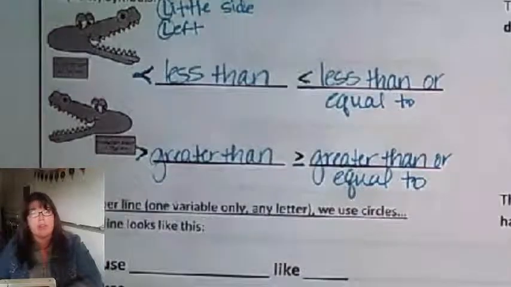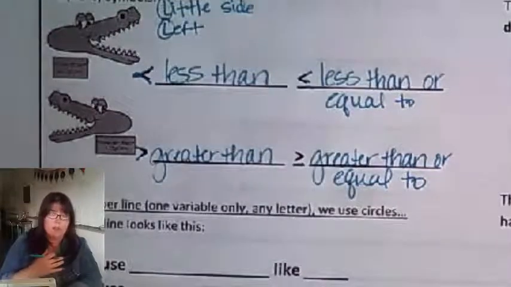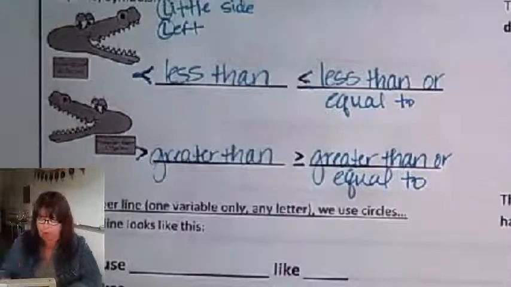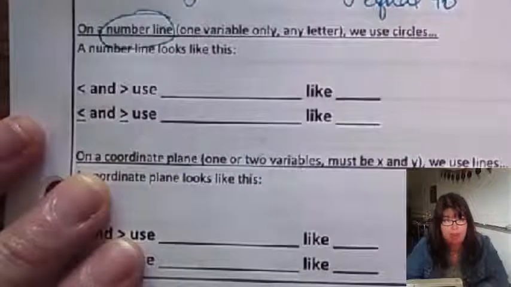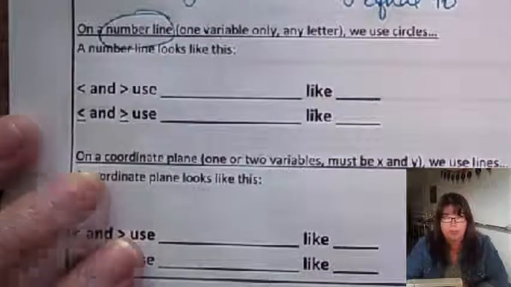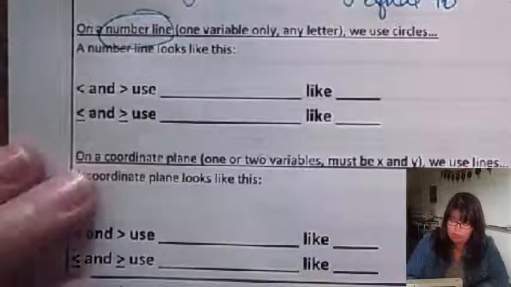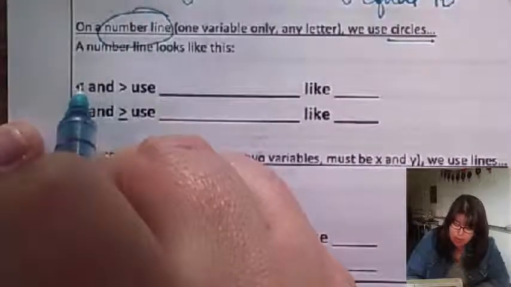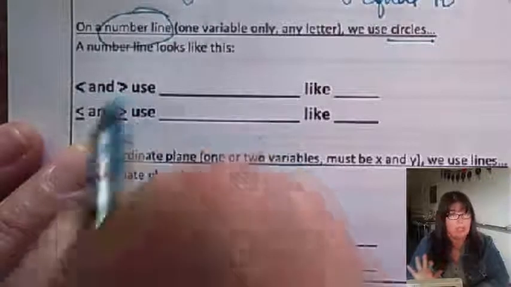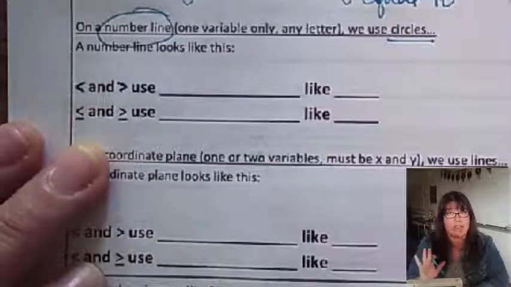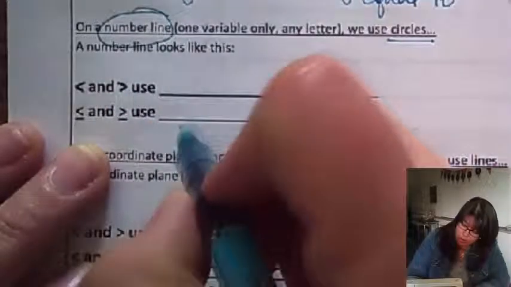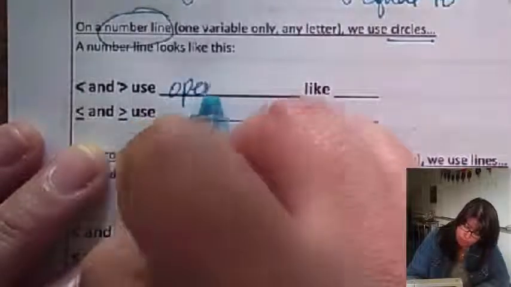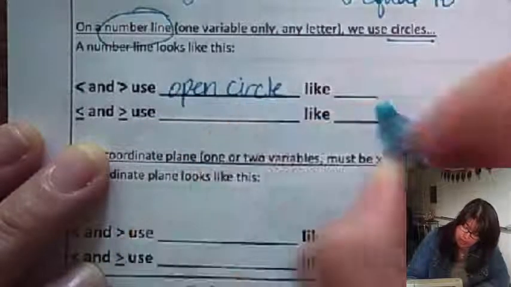Times when it's greater than a number or it's less than a number, and it might sometimes be equal or not. If you are looking at this situation on a number line, where we have one variable, we're going to use circles, and it looks like this. If it is one of the symbols with no equal sign, it's just greater than or less than, it's going to use what we call an open circle, and it looks like this.